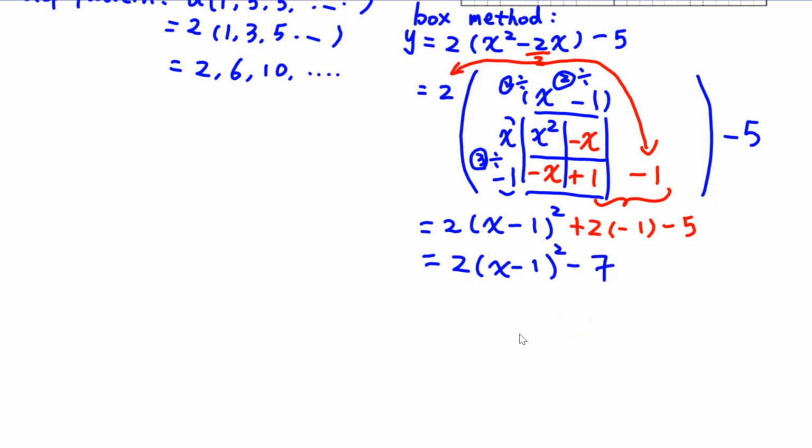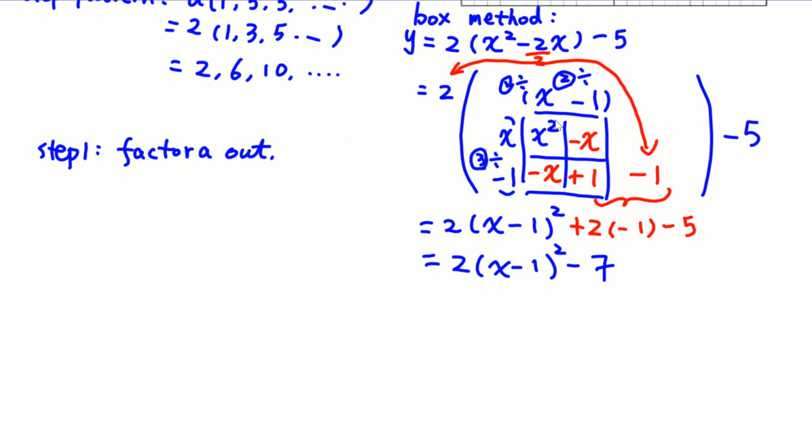So what we have done is, step 1, we factor a out. It doesn't matter whether a is a common factor or not.